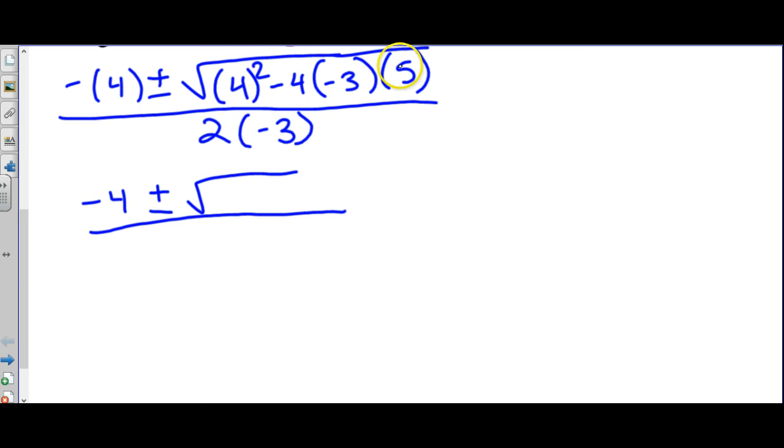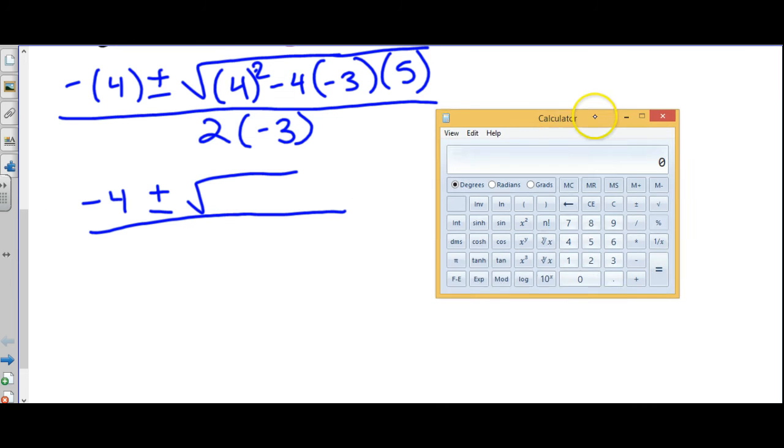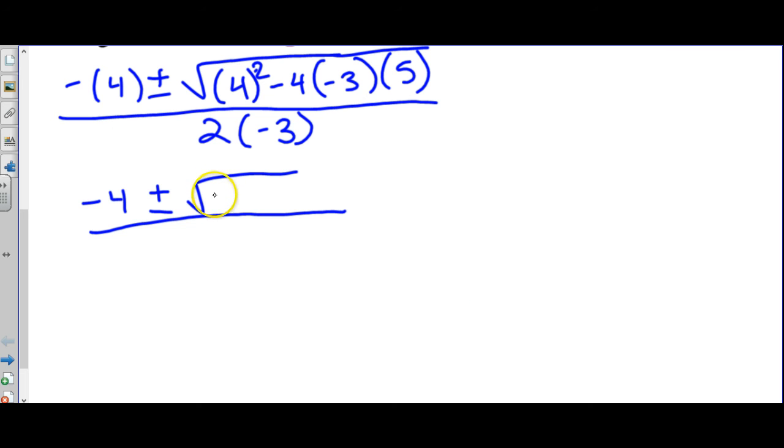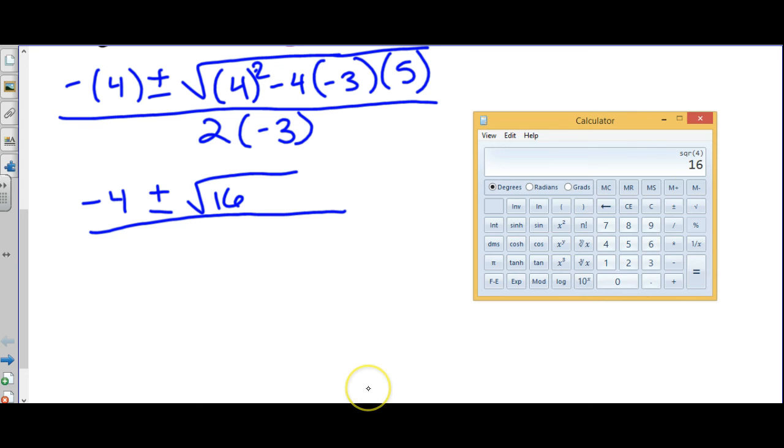Now we're going to simplify what's under this square root. We start by doing 4 squared. So 4 to the second power is 16. Then we have to do the negative 4 times the negative 3. Oh, I'm using the wrong symbol.